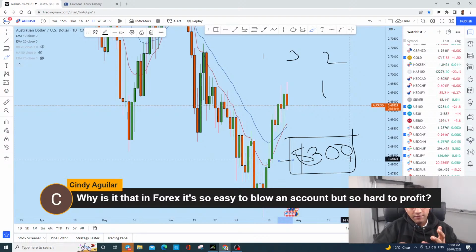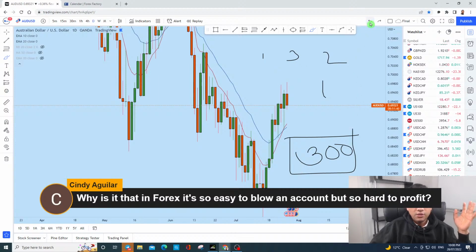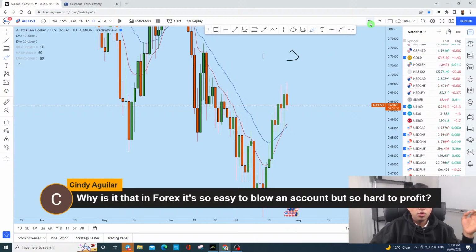Even among our GBPUSD students, I saw that some of them sometimes don't put a stop loss. I always tell them, I send the trade signal, and your job is to implement the trade.